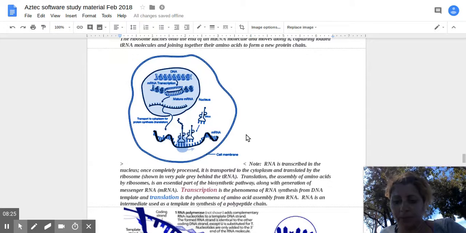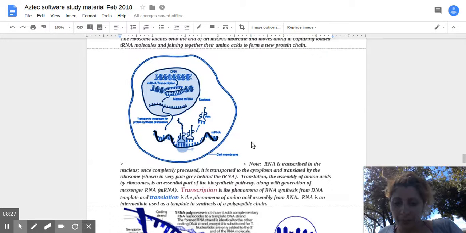Translation is the assembly of amino acids by the ribosome, which is an essential part of biosynthesis, aka synthesizing proteins. Transcription is prior to translation, which is the RNA being synthesized from a DNA template.